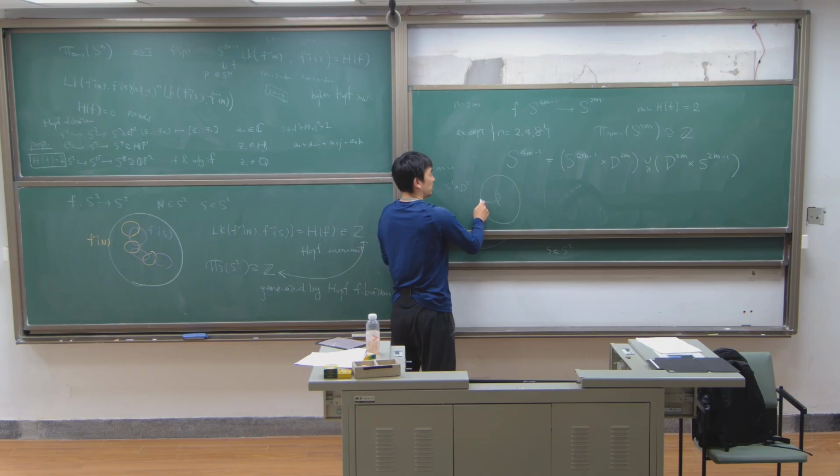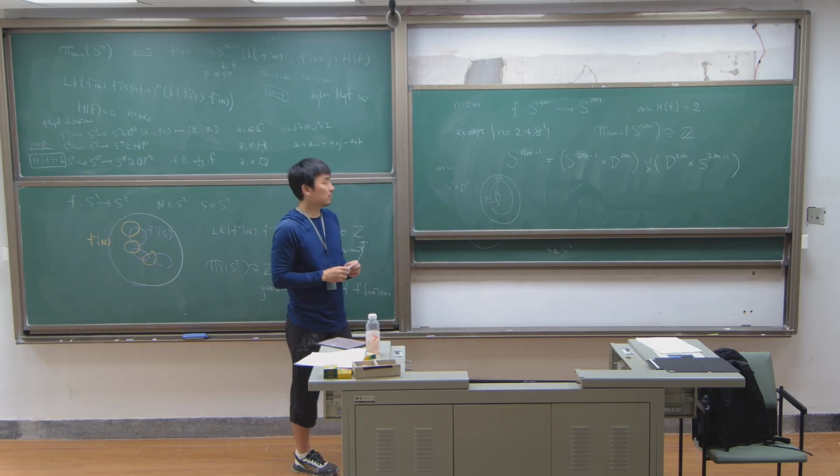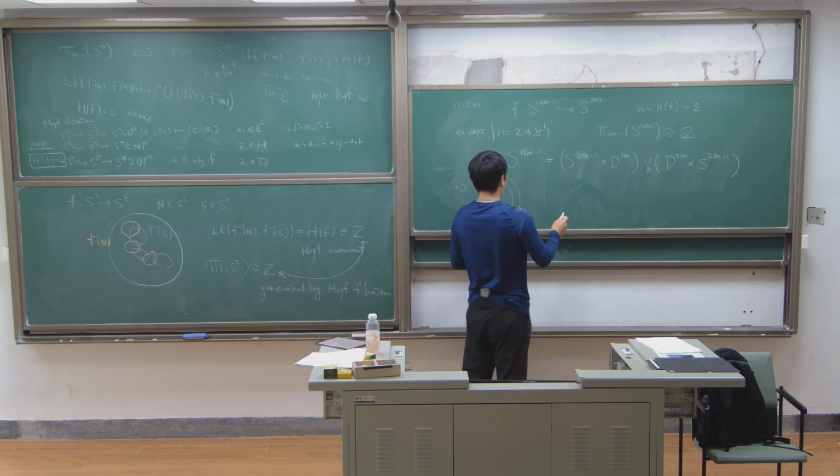It's D2 times S1. Okay. And also, you can have another solid torus. So this is D2 times S1.